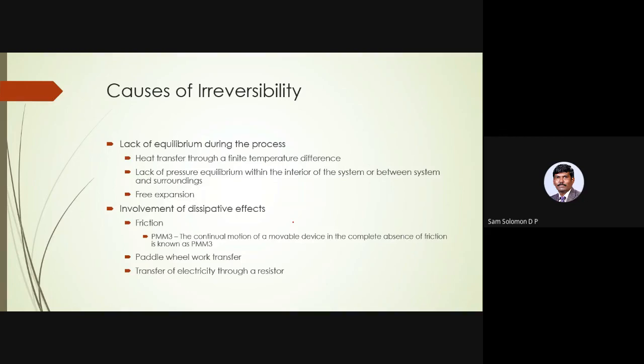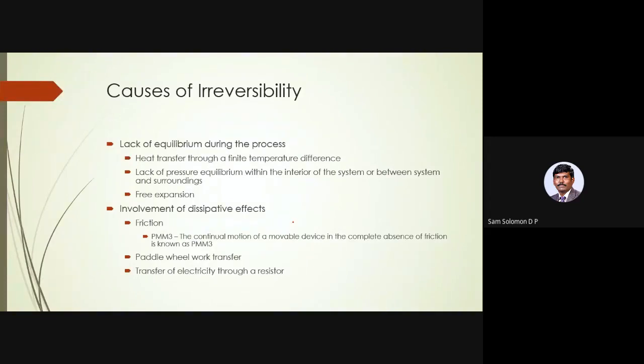Then maybe that can be reversed. I say maybe because the temperature difference is very, very small. But if the temperature difference is huge, say 10 degrees, 20 degrees, then we can't do anything. There will be a heat transfer, and it can't revert on its own. So that is number one.